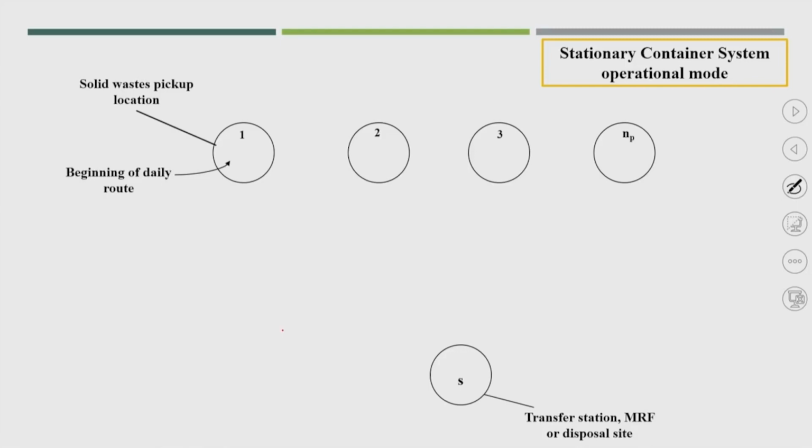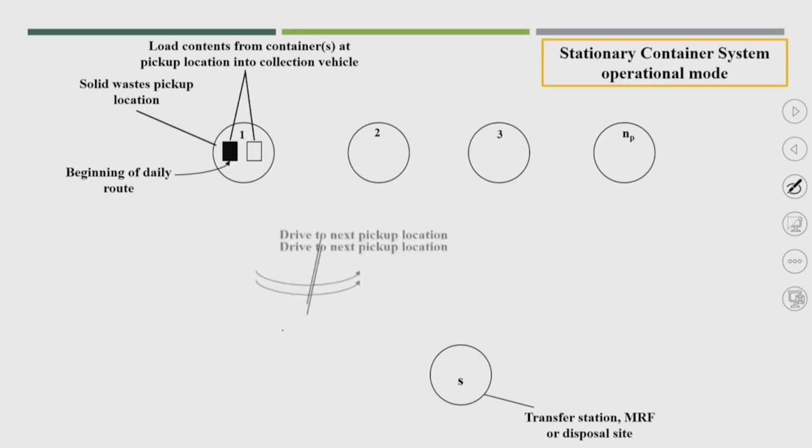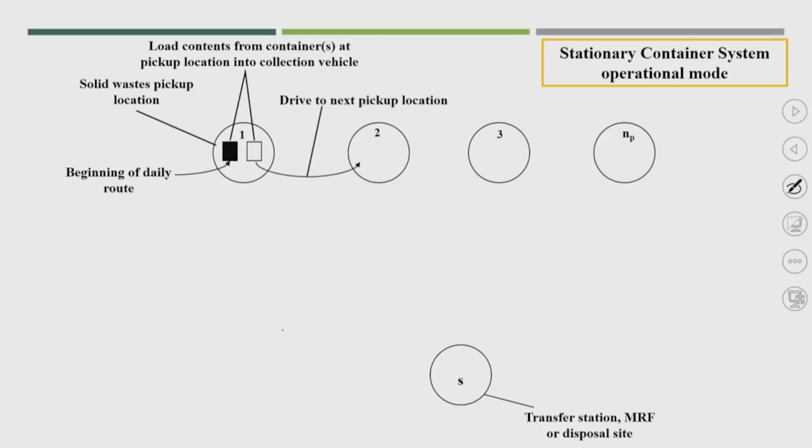It will go to the first location and load the contents of the container at the pickup location into the collection vehicle, because here the container is not getting loaded, the waste is getting loaded either manually or mechanically, and the dustbin will be empty at this first location. It will go to the next pickup location, do the same thing, empty the entire waste and load it into the vehicle, and go to the next location.